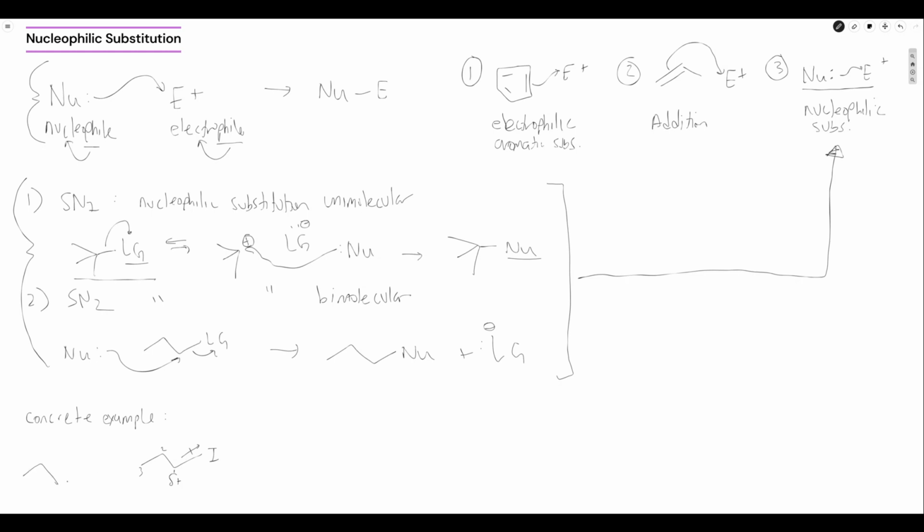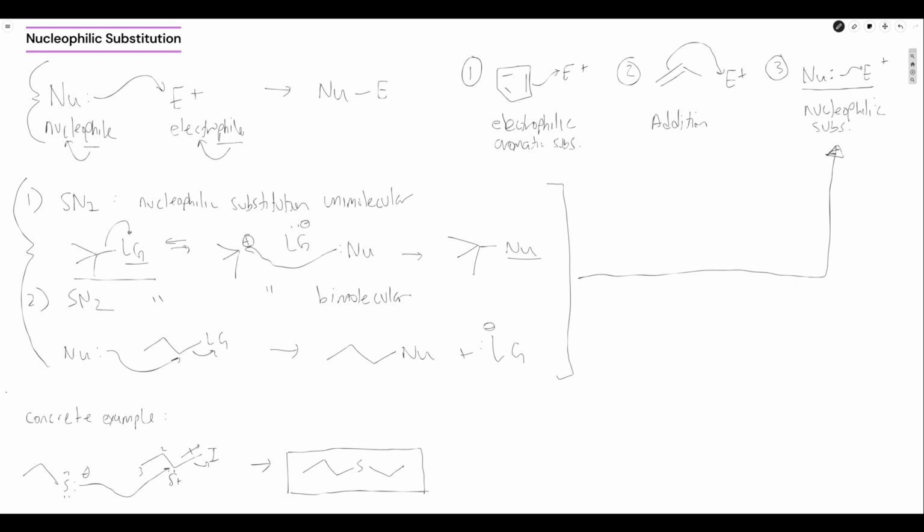And if we imagine a nucleophile like this, with a very electron-rich sulfur anion, it simply comes in, attacks, displaces the leaving group, and what we get is this. And the reason I want to give a concrete example is because, as you can see, this is how we build up molecular complexity.